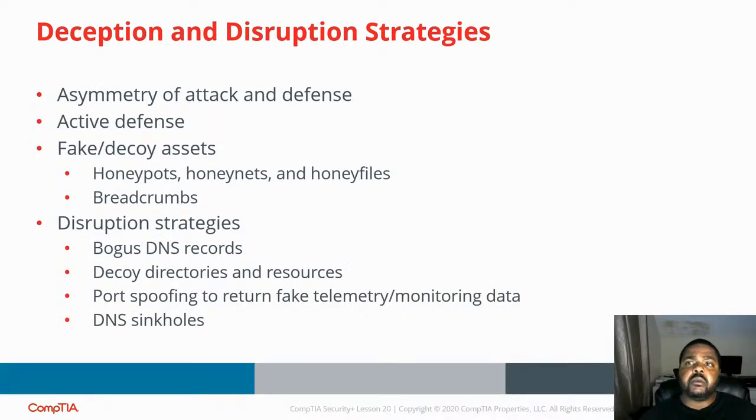So finally, we want to talk about deception and disruption strategies. You don't have to necessarily be on the offense all the time, or I'm sorry, on the defensive all the time. Sometimes you can actually apply some offense and attack back, so to say. And the one that you want to be more concerned with is the use of honeypots, honeynets, something that we put on the network that makes it look real attractive to a hacker.